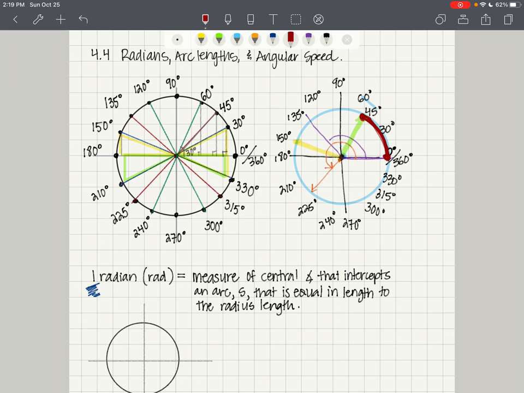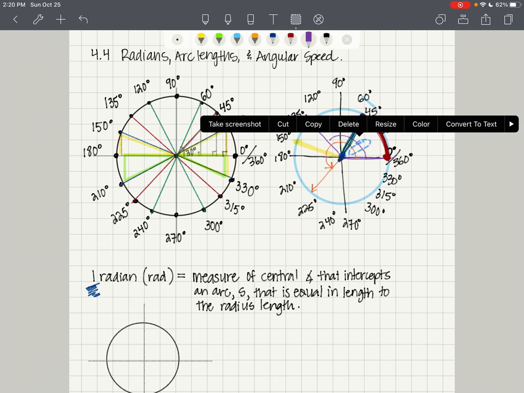How long would that walk be? If I were to walk along the radius, how long would that walk be? When the walks are the same length, that's when you have exactly 1 radian measure of an angle.